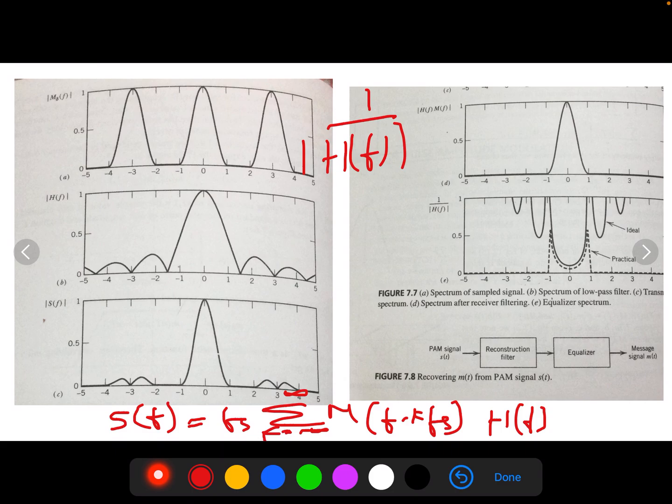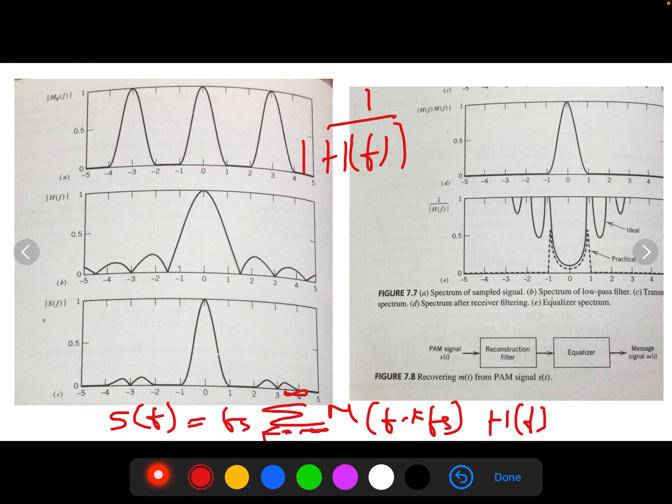The equations to elaborate on the PAM: how do we get the equations, how do we obtain the sinc function, and how do we do the demodulation? On the demodulation side, we have a reconstruction filter and the equalizer to get back the original message signal m of t.